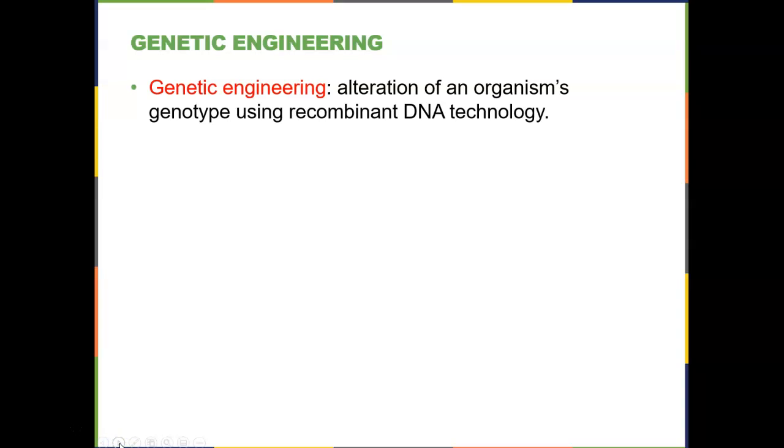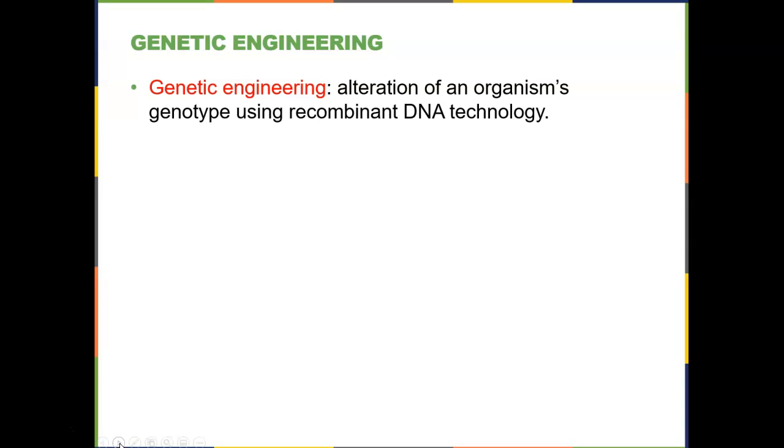Our next technique, which is really fascinating, is called genetic engineering. So genetic engineering is the process where we make use of that recombinant DNA technology we talked about before.